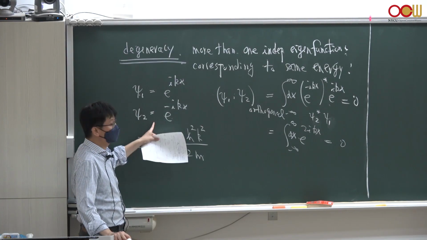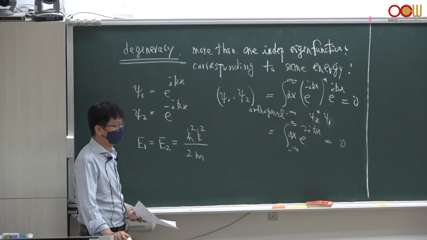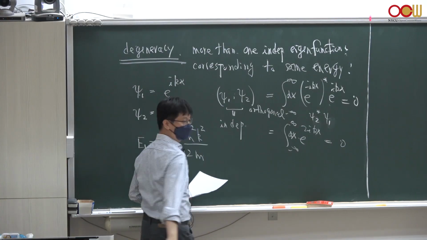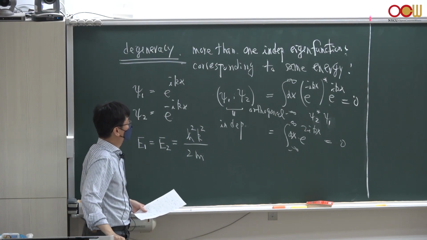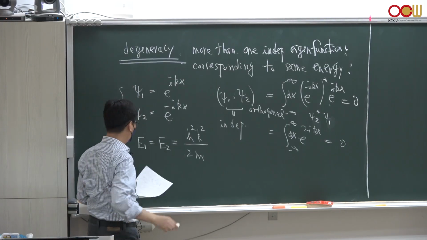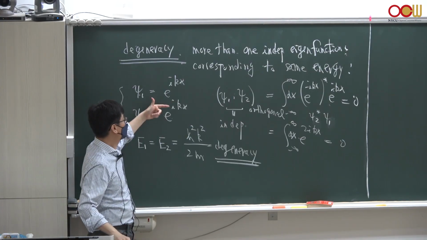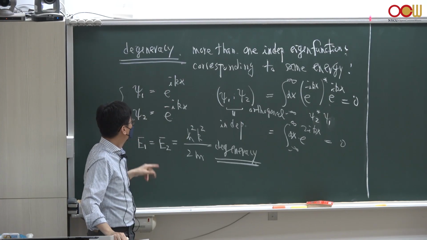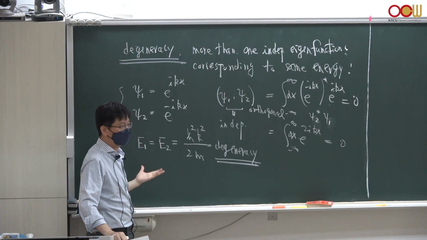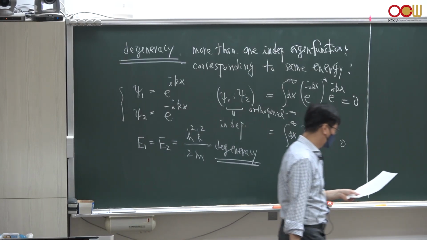But these two wave functions are certainly orthogonal to each other, which means that psi 1 and psi 2 are independent eigenfunctions. So by definition, in this case, we have a degeneracy. The degeneracy tells you that the particle moving to the right or to the left has the same energy. But how can we distinguish these two degenerate states?